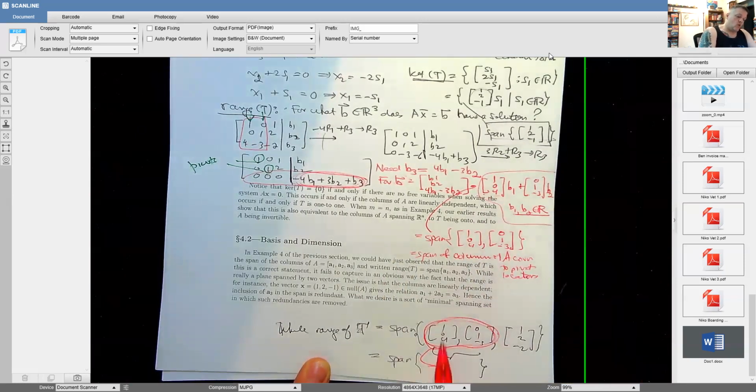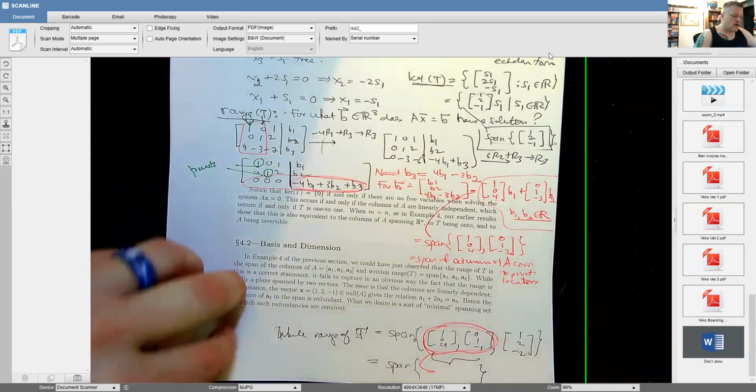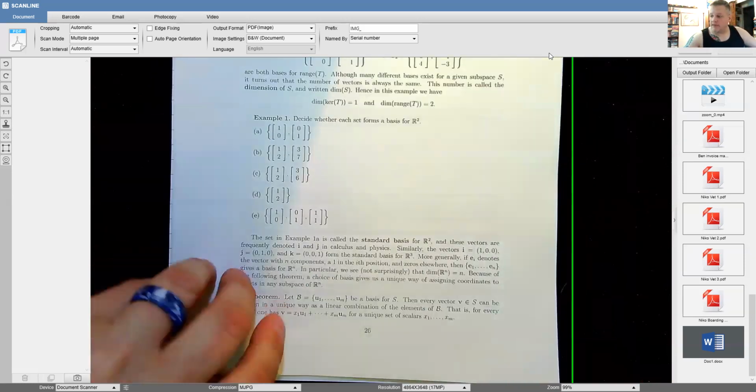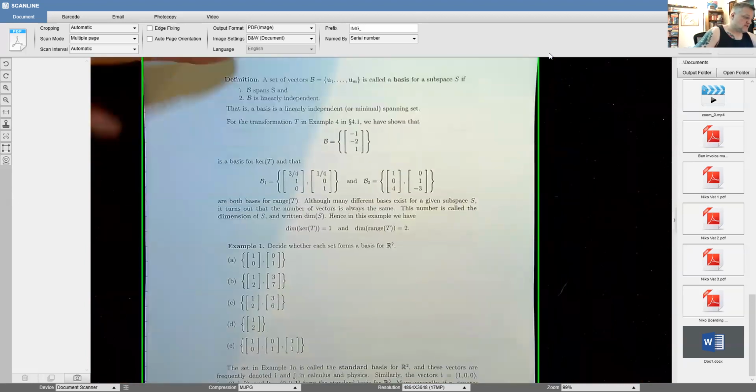So here, we're going to look at sets that contain as few vectors as possible and still span the space, and for which those vectors are linearly independent to ensure that I couldn't have thrown one of them out to begin with. All right, and so we're going to define a new word called a basis that means just that.